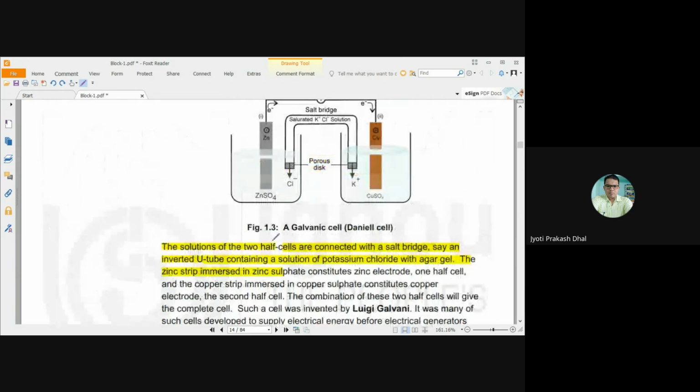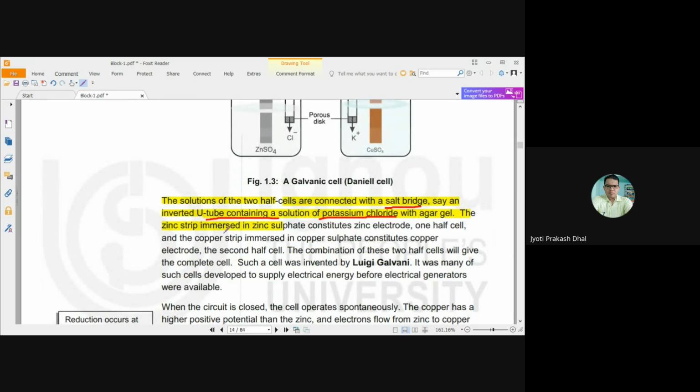The solutions of the two half cells are connected with a salt bridge, an inverted U tube containing a solution of potassium chloride in agar gel. The zinc strip immersed in zinc sulfate constitutes the zinc electrode, which is one half cell.